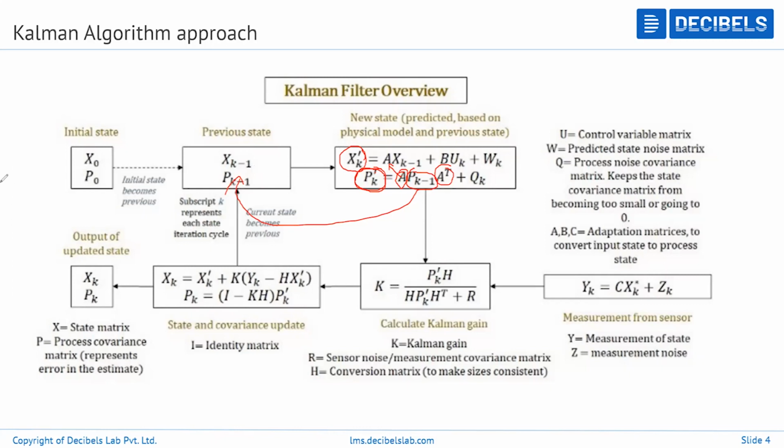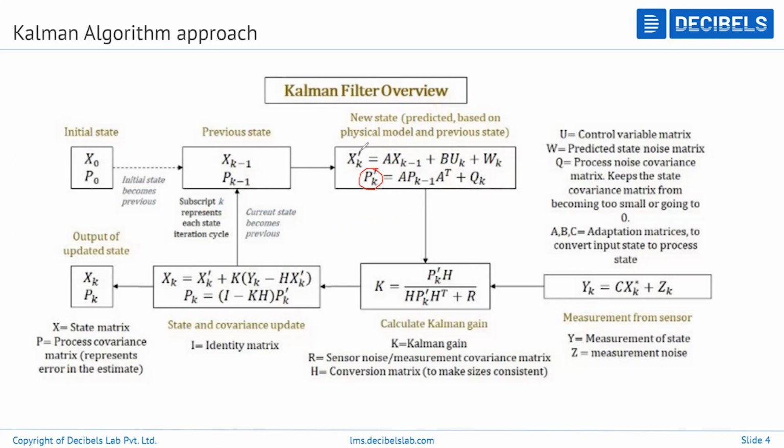So in general, we got to know that in the predict step, we get the state predict, that is the estimate, and the error in estimate.